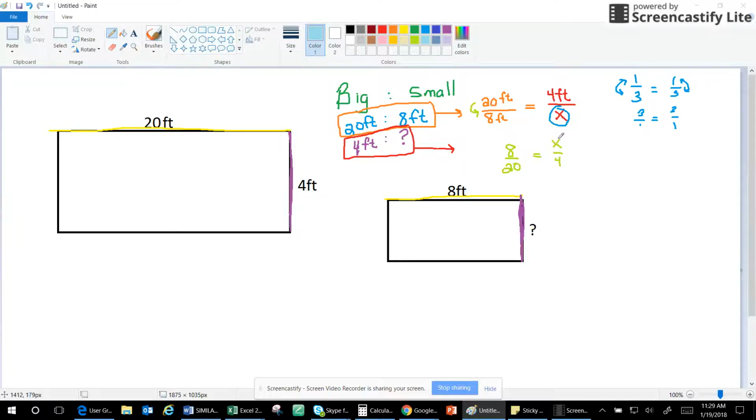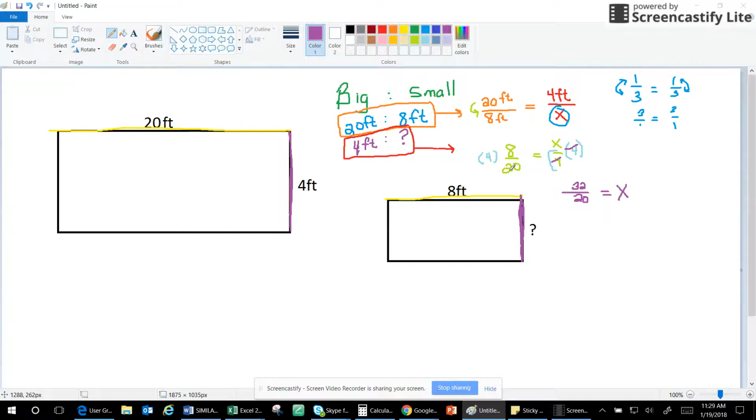I see I have x being divided by 4, and if I want to solve for that variable, I need to cancel the divide by 4, so I multiply both sides by 4. And I would see that the 4's on this side cancel. They leave me with x equals, and now I have to figure out what's 4 times 8 over 20. Well, 4 times 8 is 32. The bottom stays the same, so it's 32 over 20. Now we're dealing with feet.